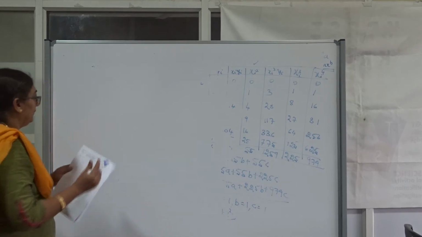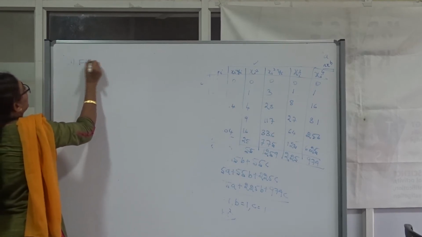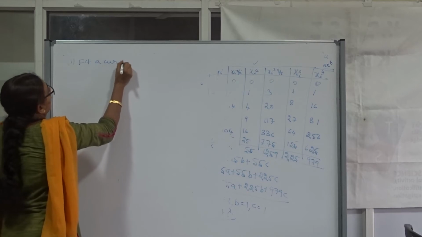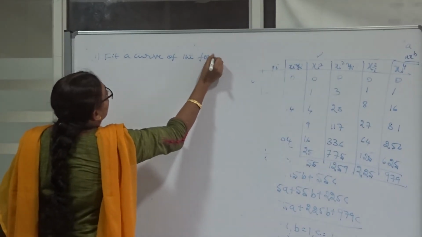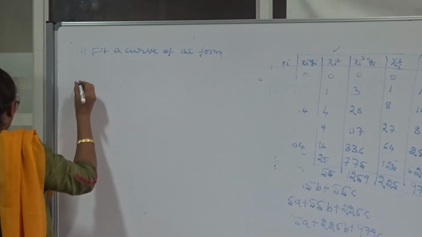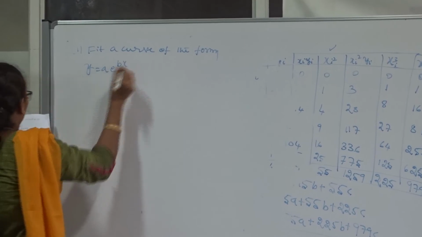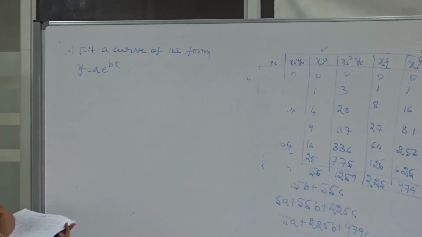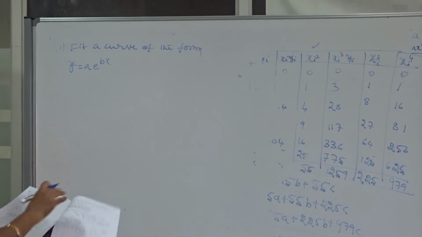If we take a curve of the form other than a parabola or line, they definitely mention what type of curve they are expecting. y equals a e to the power of bx from the following data. And I am going to take a very simple data.